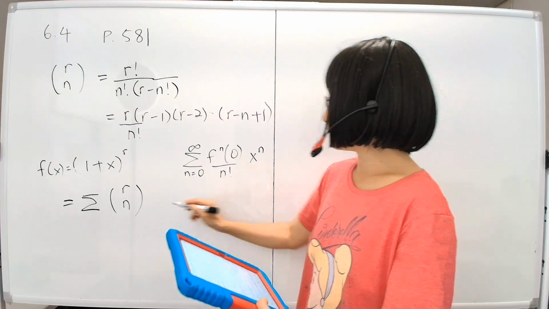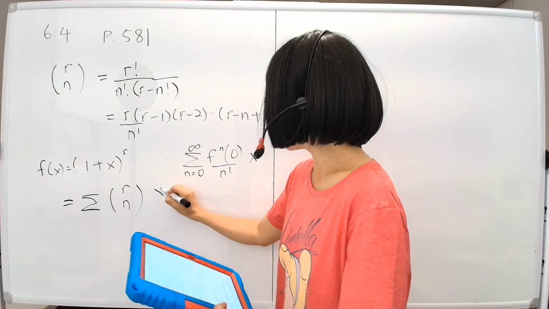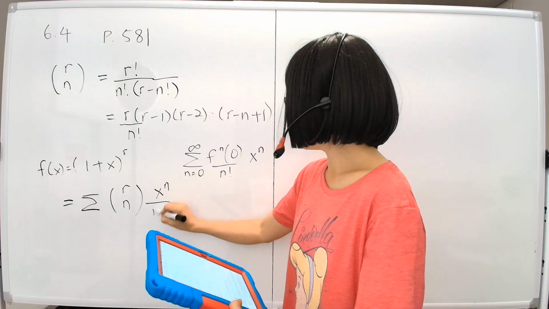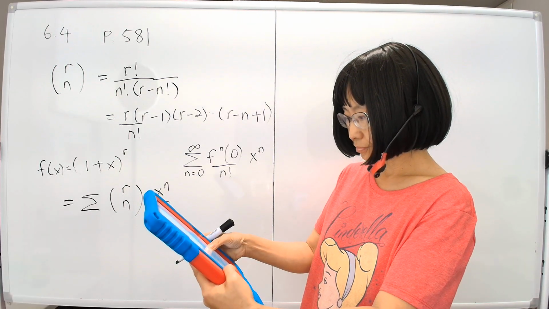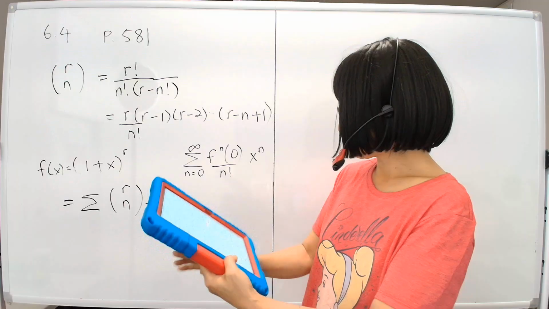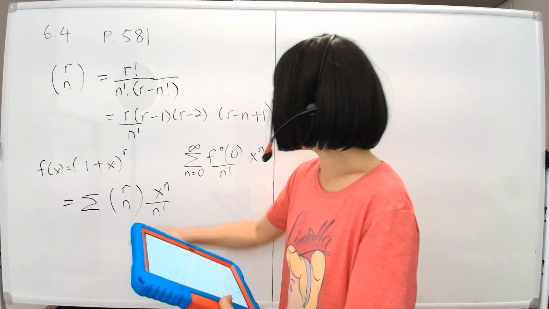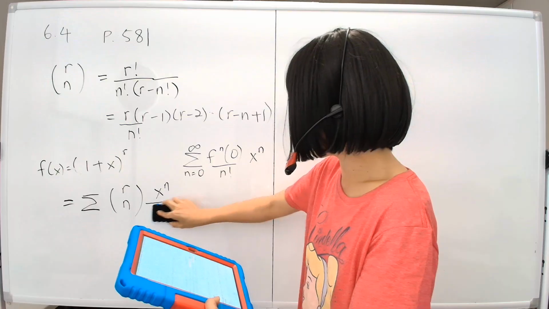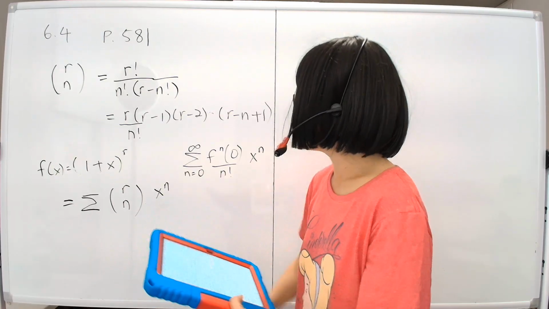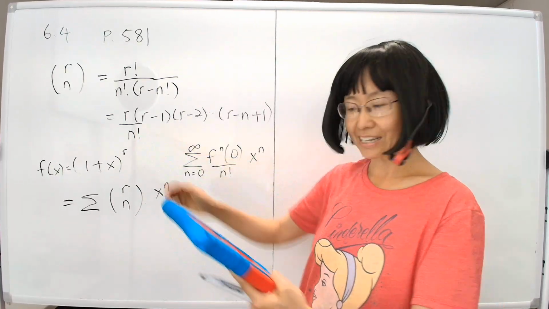And then divide, times x^n over n factorial, right? Wait a second, do I have n factorial? n factorial is already in here. Yeah, it's just x^n, sorry. There is no extra n factorial because n factorial is included.